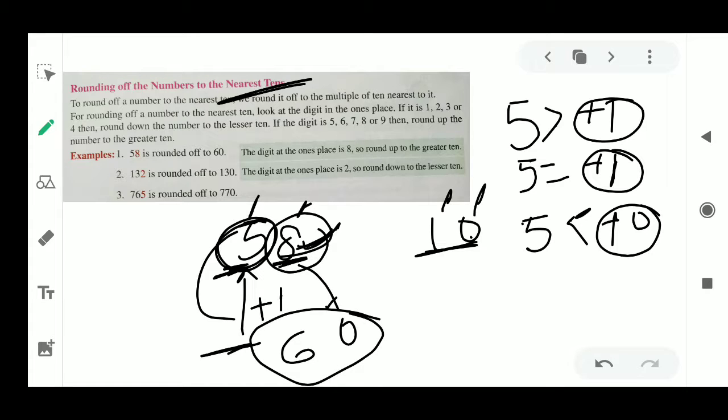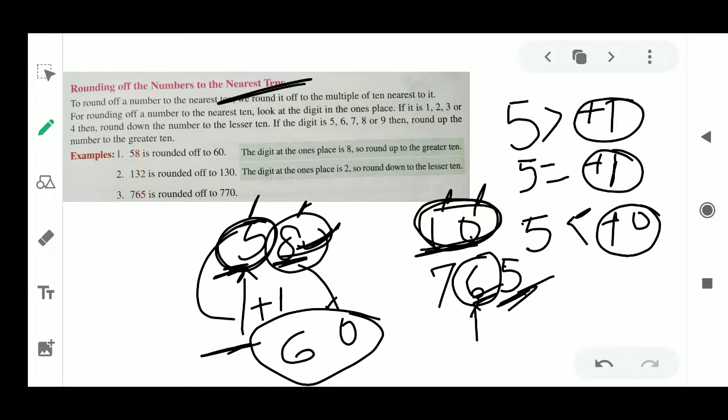One more example, then you will understand better. Suppose 765, and the question says round up to the nearest 10. So what you will do: count again, ones, tens. Circle it and put one arrow. Next, check the digit just after the circled number, here it is 5. Exactly 5, then plus 1.